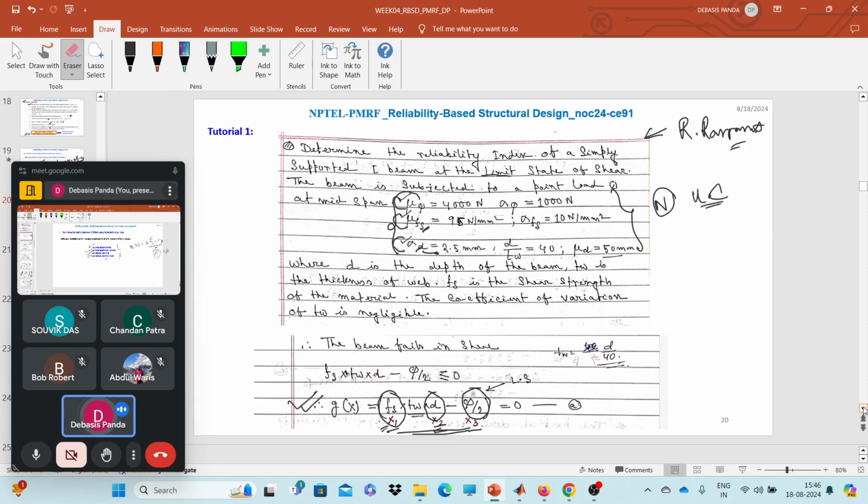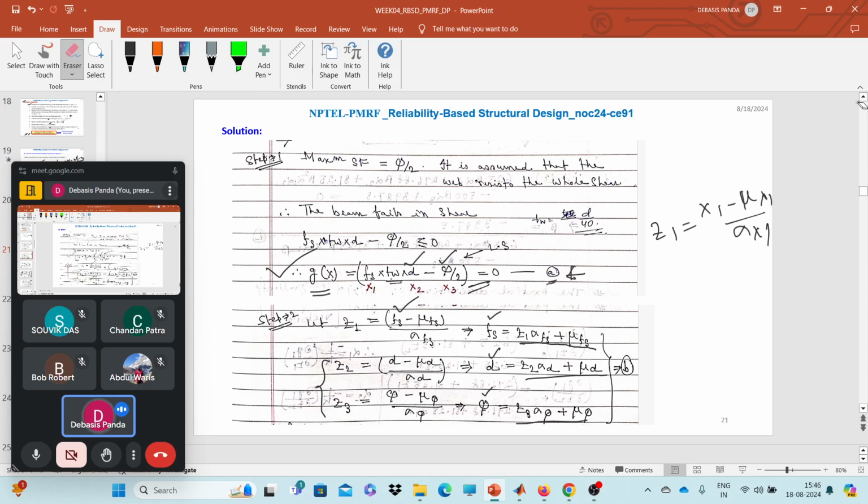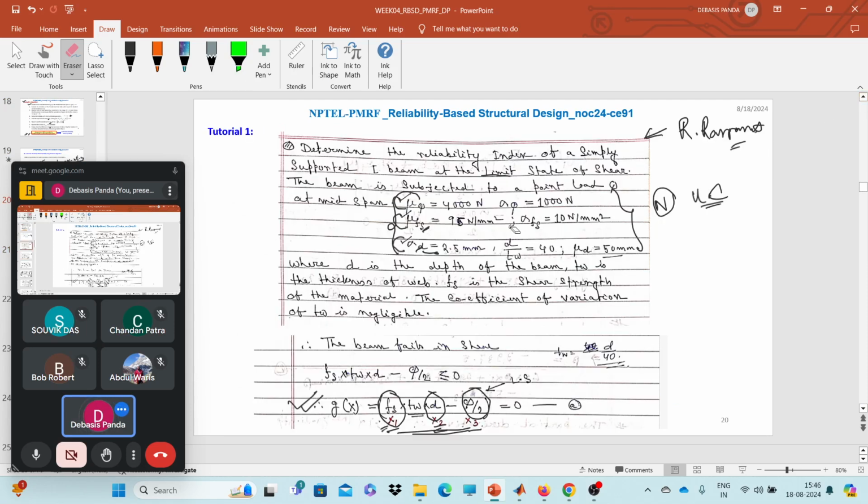This is the problem of an I beam, where the shear stress, shear force, depth and fs, these three are random variables. Now, if you need to find the design points, how can you find them? How have we solved for the design points here? We have solved it using the Rackwitz algorithm. So we can find the final design points and the final reliability index. It is applicable to our design points.